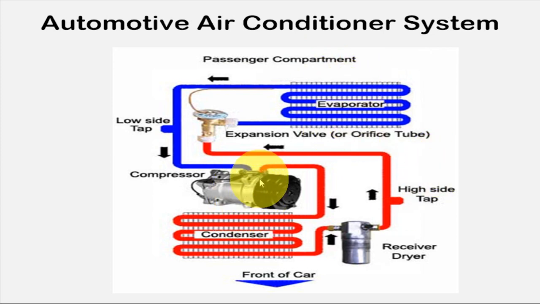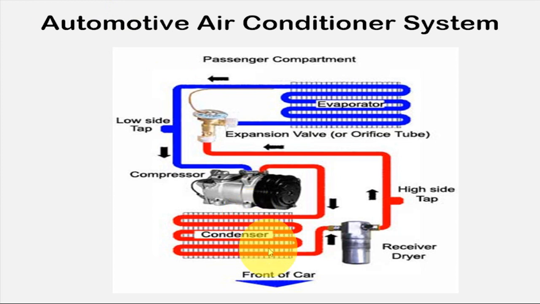Now this compressor is compressing the refrigerant at high pressure. After high pressure, the temperature also increases. So that refrigerant will enter into this condenser. This outside air will cool this condenser. This cools the refrigerant passing through the condenser coil, so that the temperature of the refrigerant will reduce.